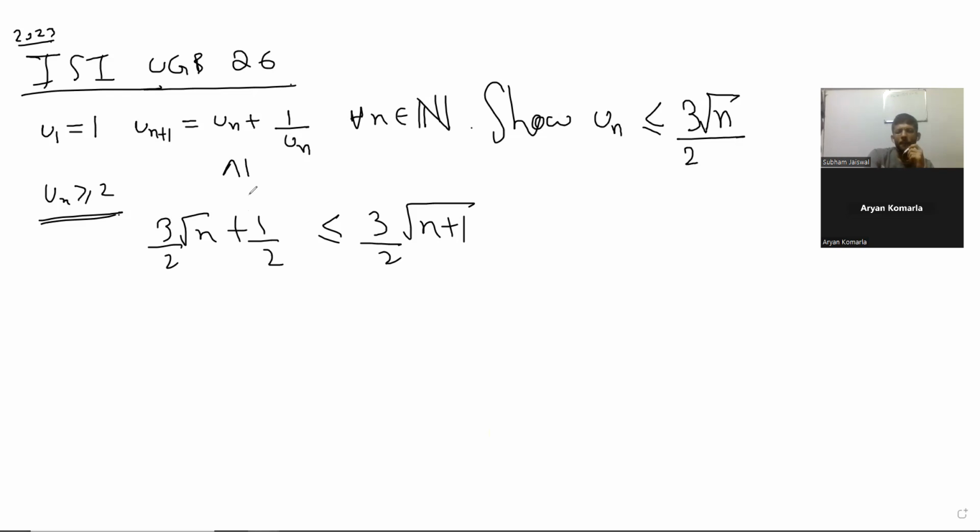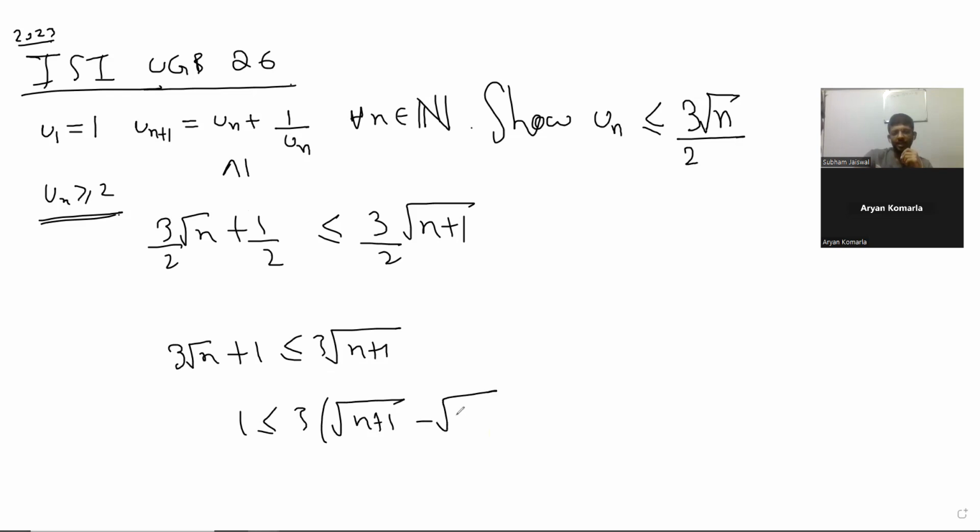So we have to show that 3 root n plus 1 is less than 3 root n, plus 1, like the whole thing. And this is obviously true. No, sorry, not obviously true, but you tell me if it is true.